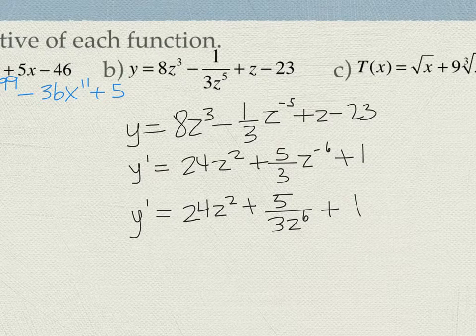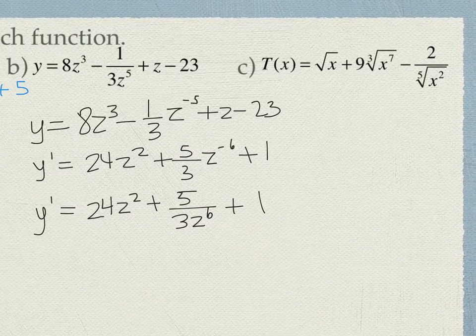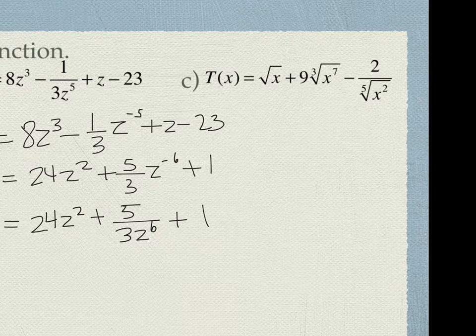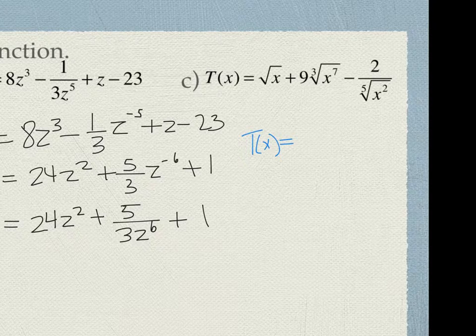Now this last one obviously looks a little worse. Now this one again, what you'd want to do first is rewrite it with powers instead of roots. So instead of the square root of x, what is that as a power? 1/2.